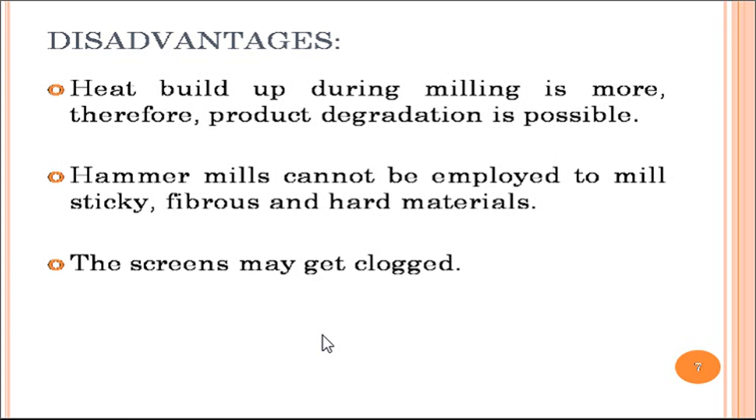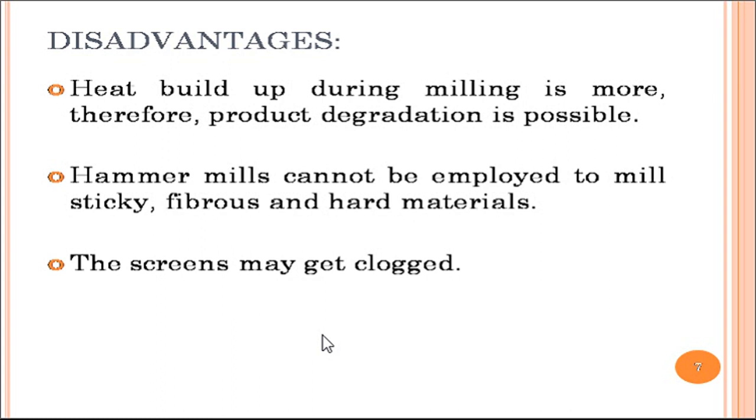The hammer mill cannot be employed to mill sticky, fibrous and hard material, because sometimes it will cause clogging and breakdown of the operation, or choking of the hammer along with the wall; sticky and hard material will cause the breakdown of the mill.